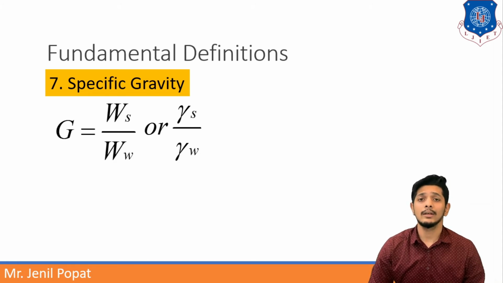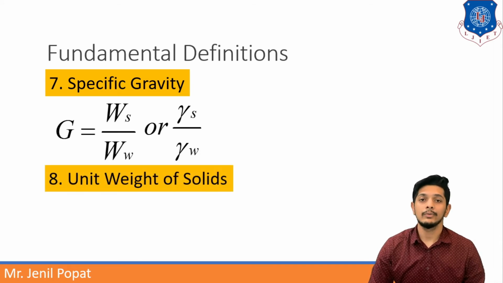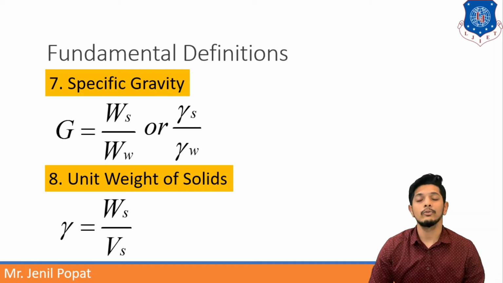Generally, in rocks and stones, specific gravity is the main property to define and differentiate them. Let us move to the next definition, that is unit weight of solids. Unit weight of solids is denoted as gamma. Here gamma is equal to Ws upon Vs, that is weight of solids upon volume of solids.